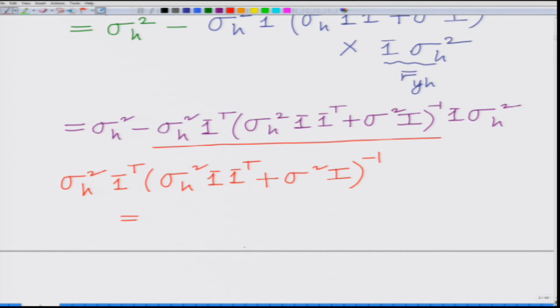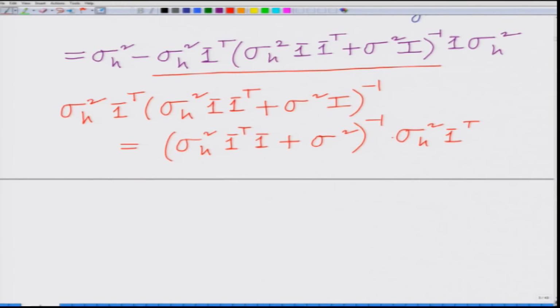We have seen that this quantity is equal to the inverse of (sigma_h square 1 bar transpose 1 bar plus sigma square) times sigma_h square 1 bar transpose.